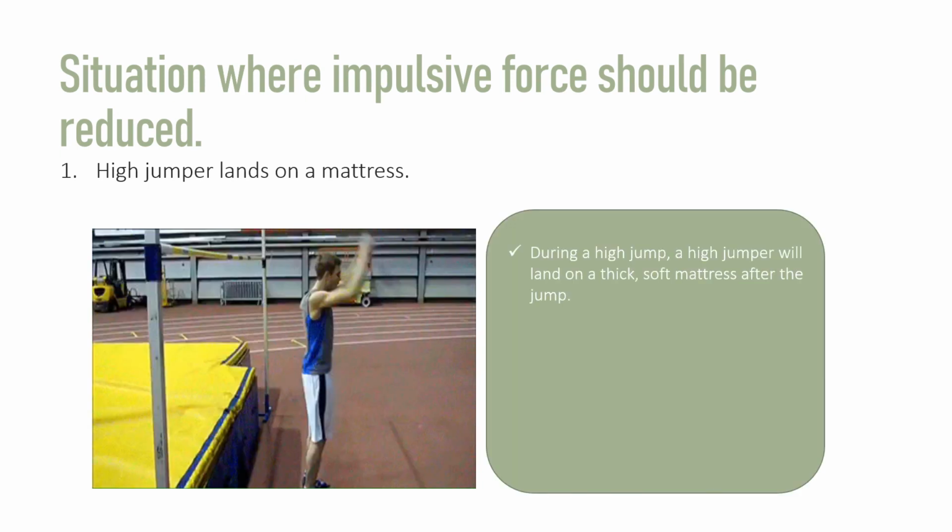A high jumper will land on a thick, soft mattress after the jump. This is to increase the reaction time and hence reduces the impulsive force acting on the high jumper.